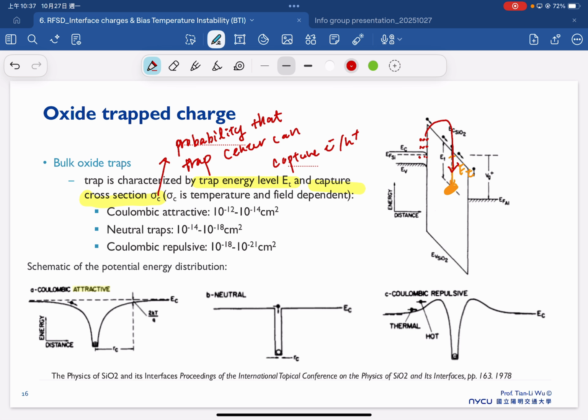And then typically we have this value between 10 to minus 12 to 10 to minus 14.